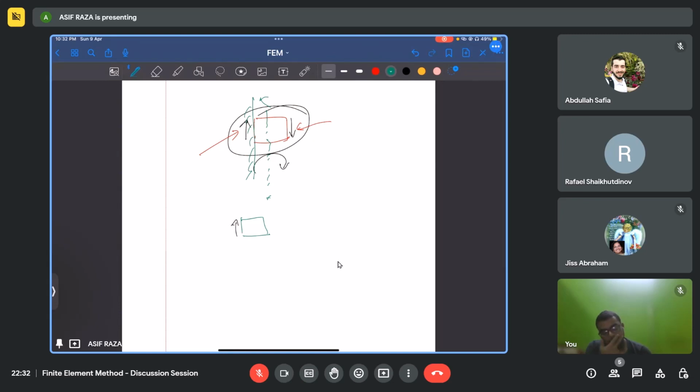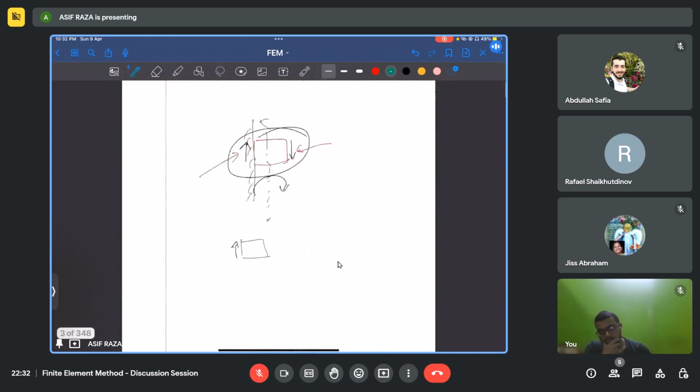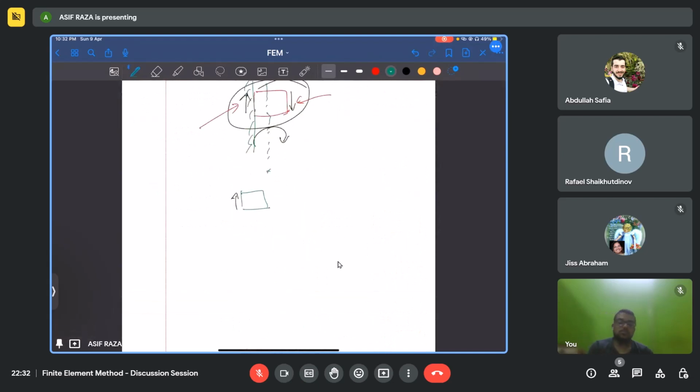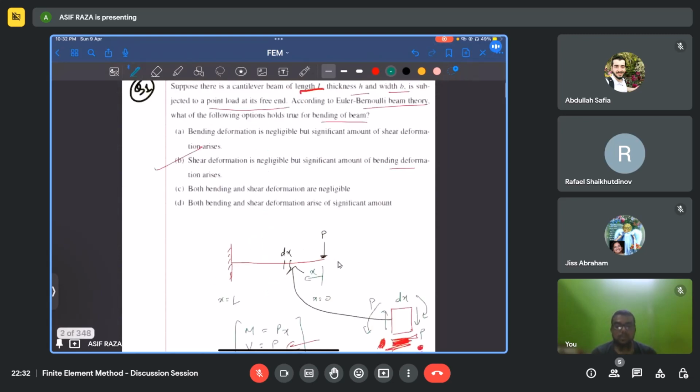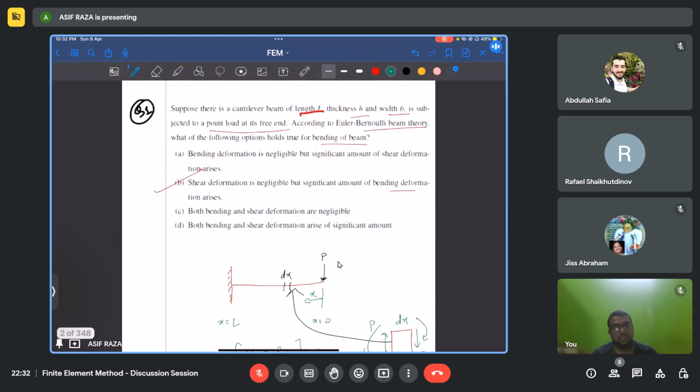I still don't get it. In this regard, I would reiterate what Abdullah was saying: we are not saying the shear stress won't be there in this problem, but we neglect the shear deformation because it's too little in comparison with bending deformation.